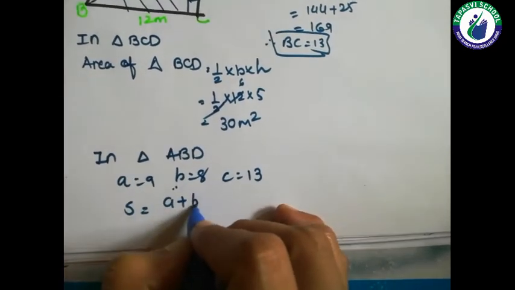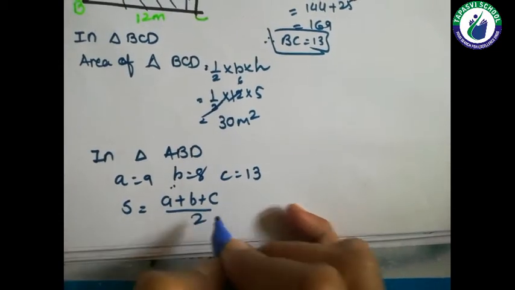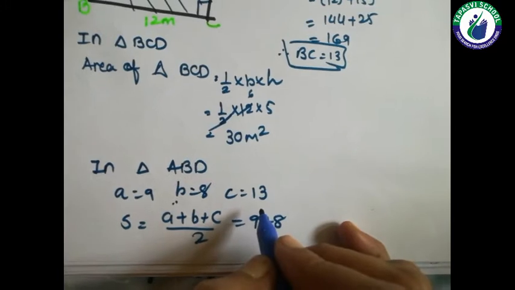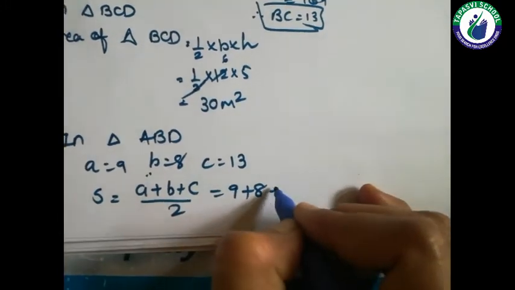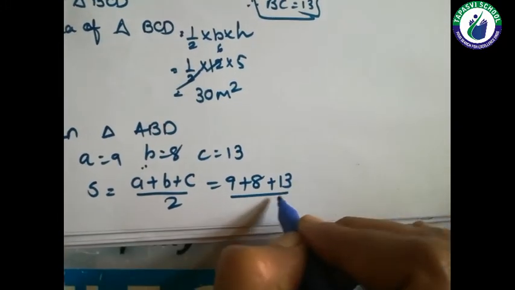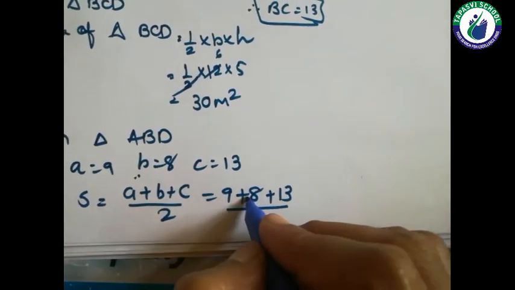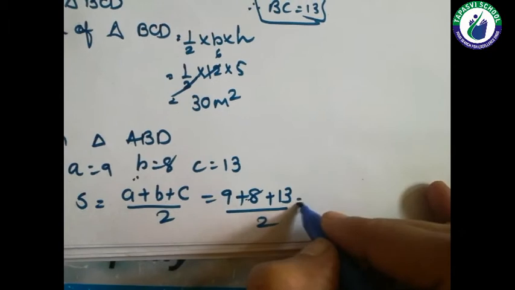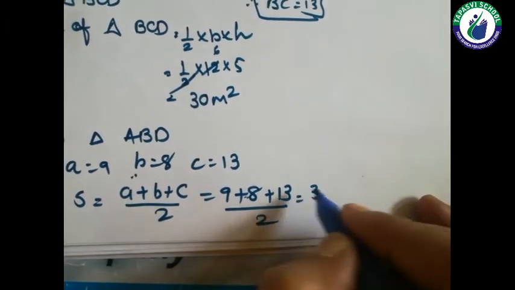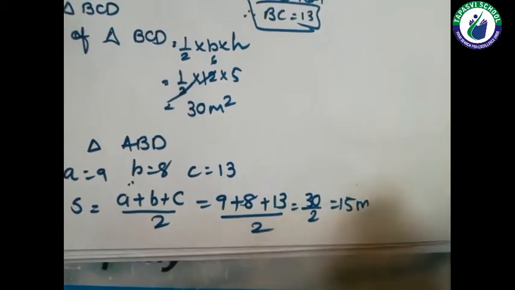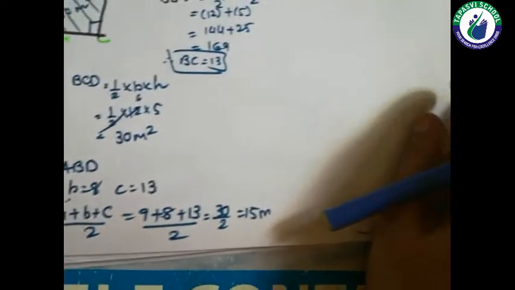S is equal to A plus B plus C upon 2, that is 9 plus 8 plus 13 upon 2, that is 30 upon 2, that is 15 meters is my semi-perimeter.